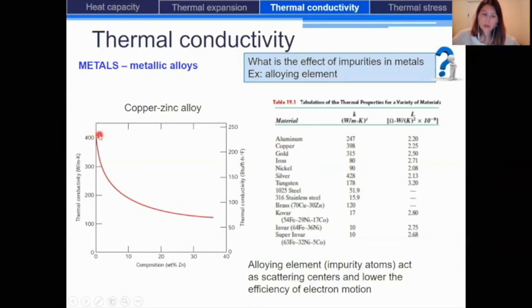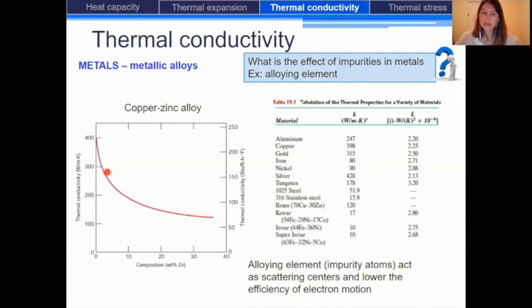You can see that the thermal conductivity is decreasing. This means that the alloying element, zinc, is decreasing the conduction by electrons. And this is due to the fact that these alloying elements act as scattering centers, and so they deviate the direction of the electrons in the material, and so it lowers the efficiency of electron motion in the material.